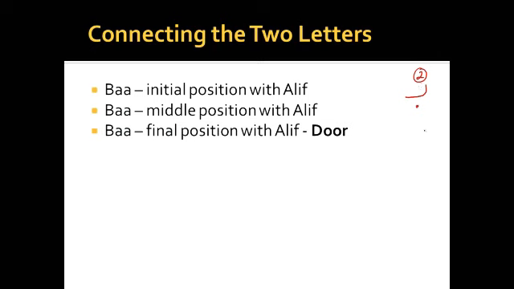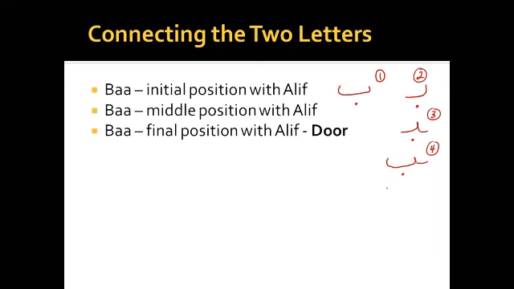The ba in the medial position, again, will look like this. This is number 3. And the ba in the final position will look like this. That's number 4. And we didn't do number 1, which is the ba in the independent position.